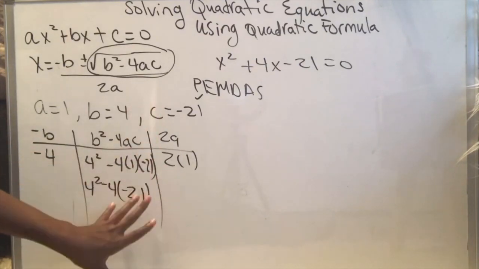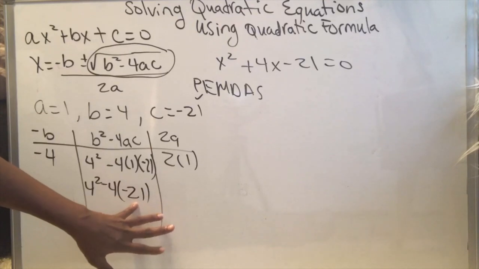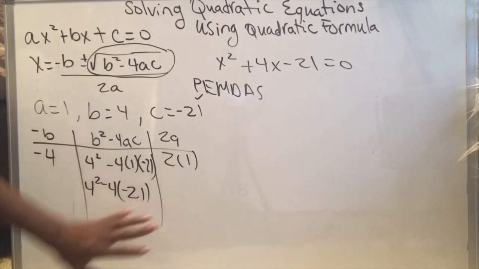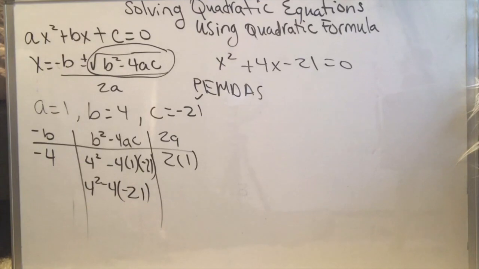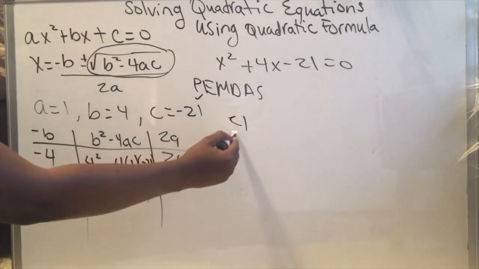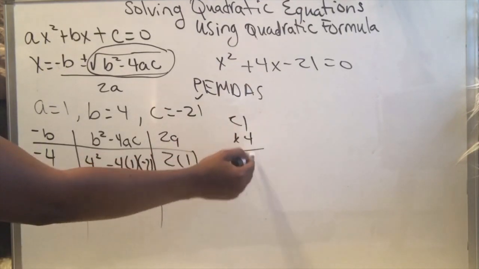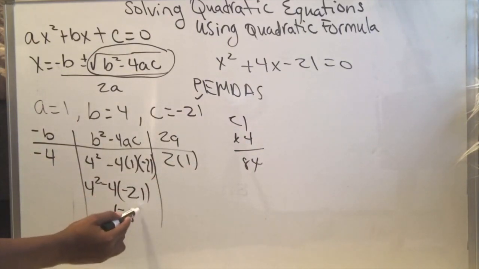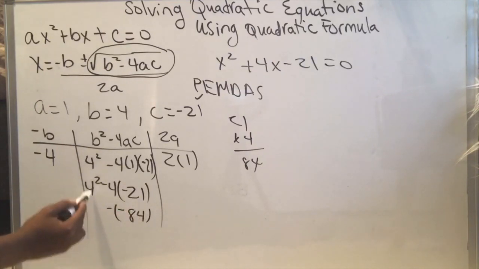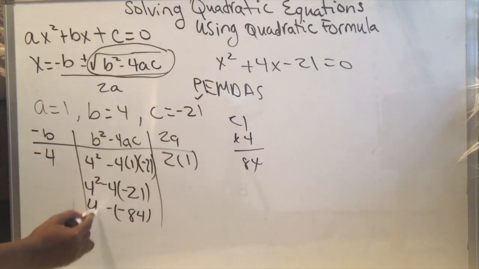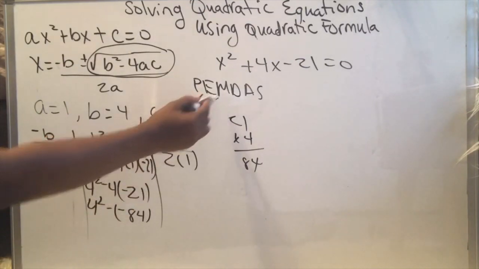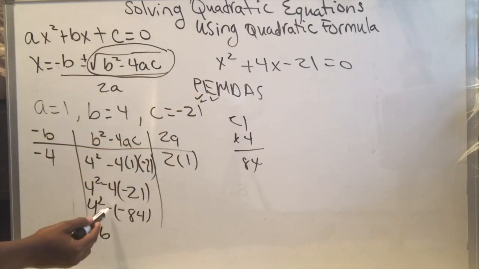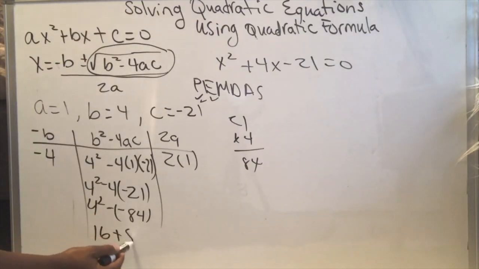Then we have more parentheses, so 4 times negative 21 is, let's see, 21 times 4. 4 times 1 is 4. That's 84. So we'll have negative 84. And then 4 squared. Then we have exponents, yes. 4 squared is 16. And we know a minus negative is a positive. So 16 plus 84 is 100.